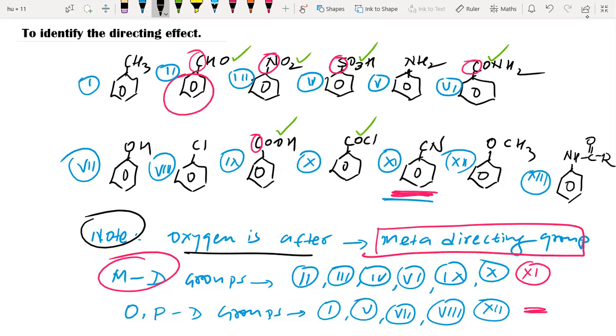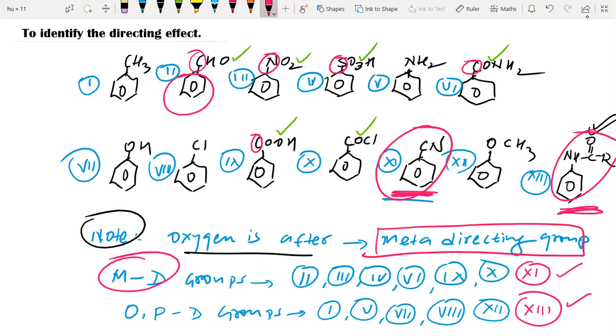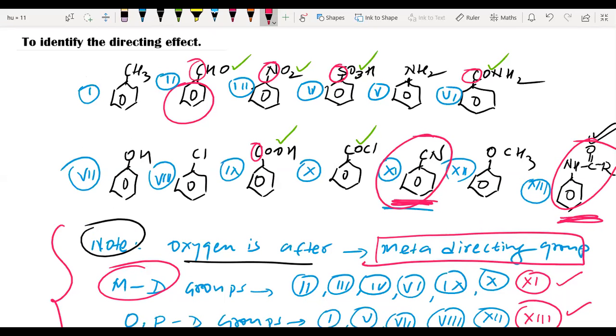Here oxygen is after, but this is not meta directing. So 13 number comes in, and I wrote that exception with a different color pen. So these two exceptional cases are there, one under meta directing and one in ortho-para directing. For the rest, it becomes easy to identify the ortho-para directing and meta directing groups.